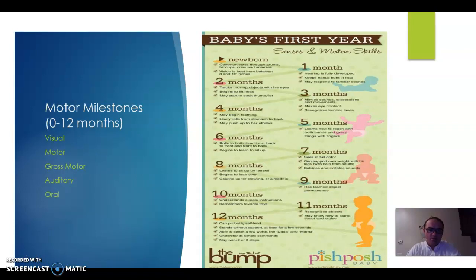So in the starting of gait analysis, when a child is born, they don't just come out walking. There are motor milestones that need to be reached within the first year in order for a child to be properly moving.